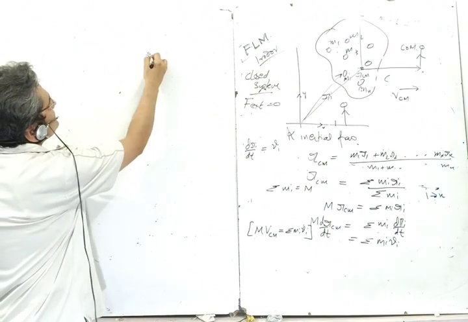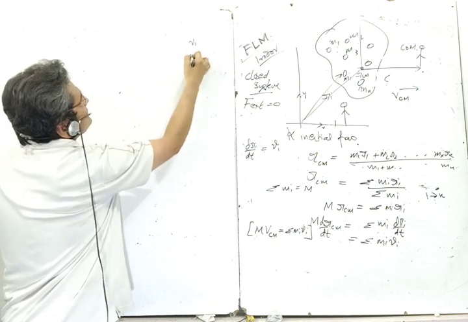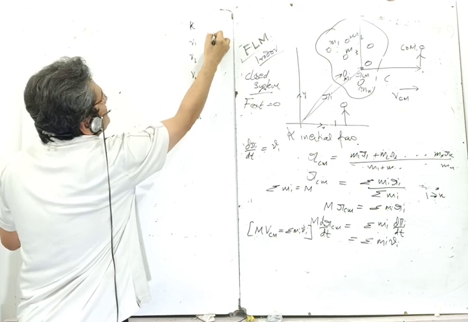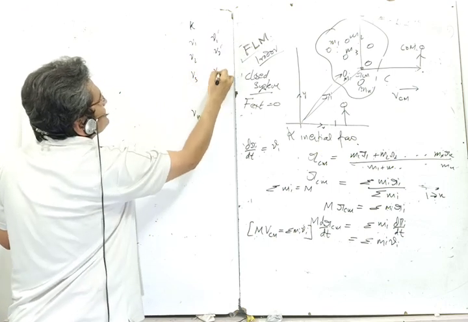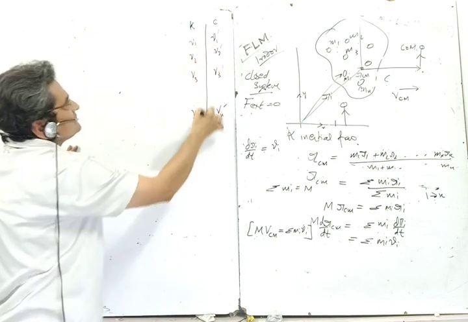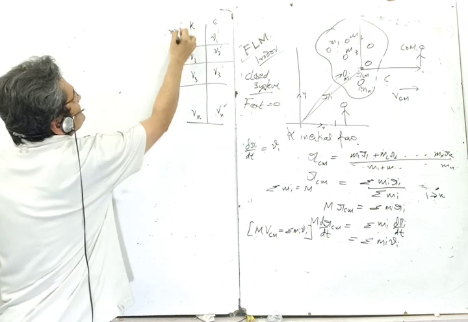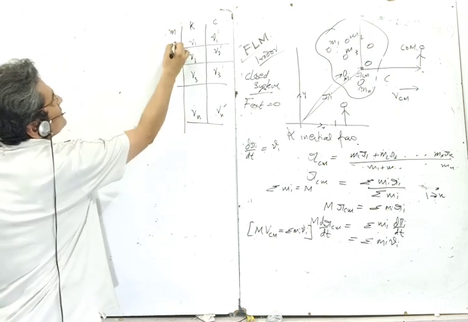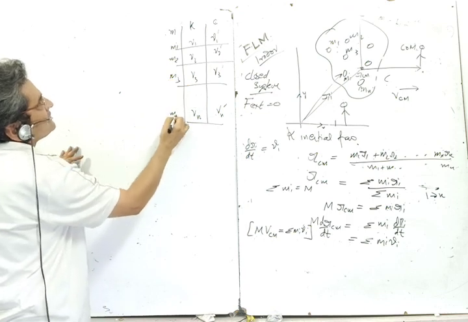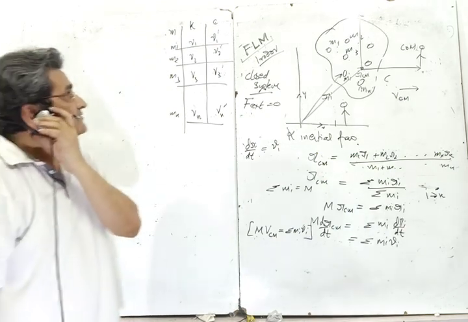Let me write as a general formula Vi dash, means V1 dash. If I draw the parallel, V1, V2, V3 to Vn are in K frame, and V1 dash, V2 dash, V3 dash, Vn dash are in C frame. And these are the velocities of different particles, and mass is m1, m2, m3 and mn. So this is the table, you can just keep in mind, not required otherwise.